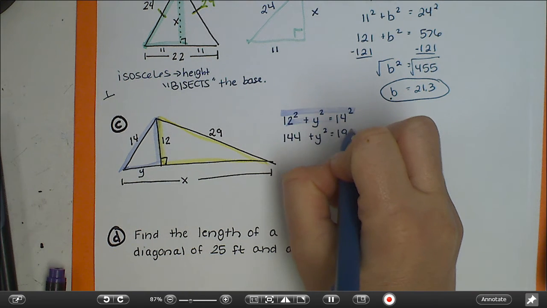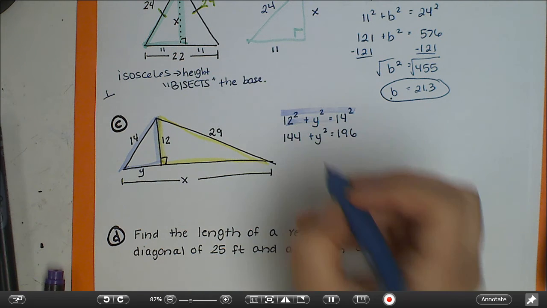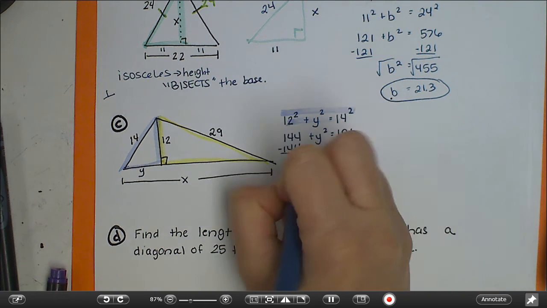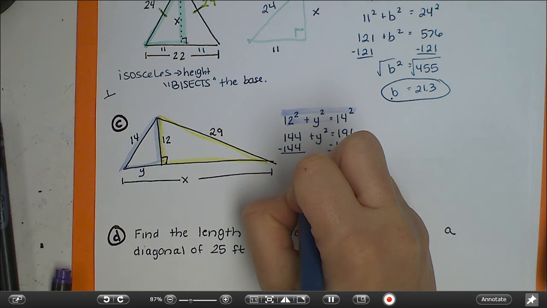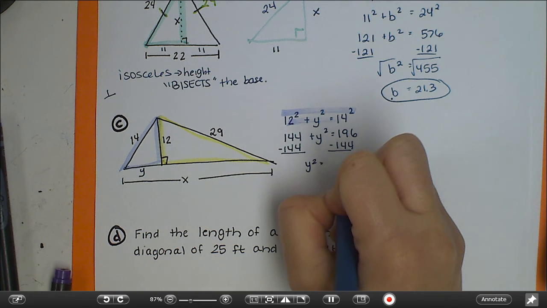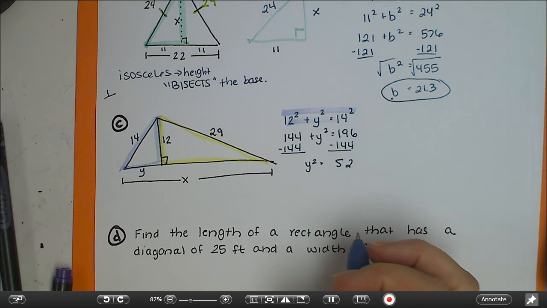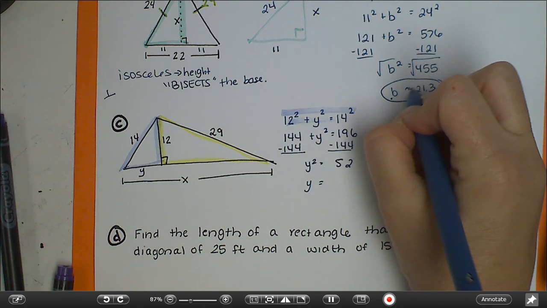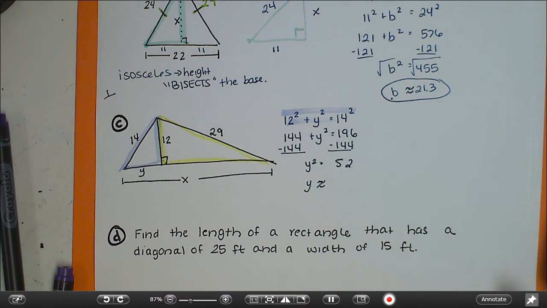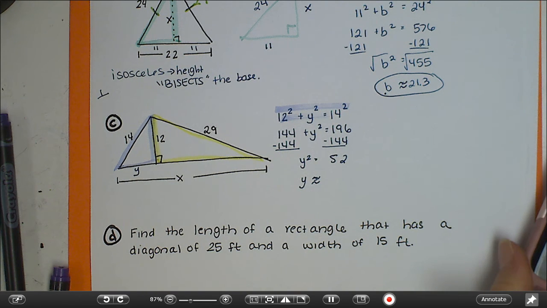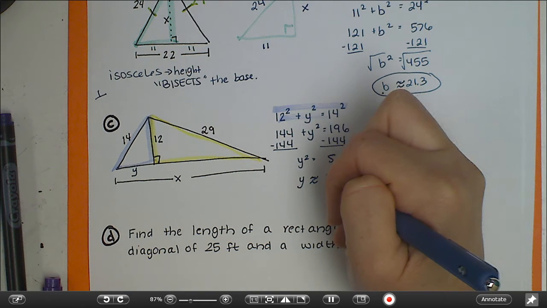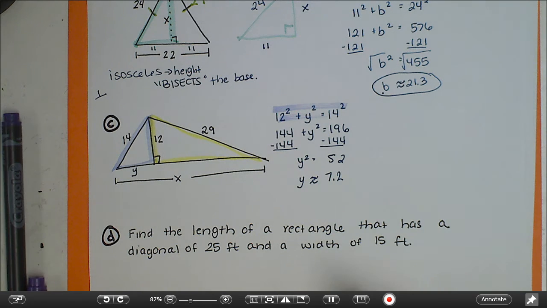And 14 squared is 196. So we're going to solve this. The square root of 52. And we're going to use, I forgot to do it here, but we'll use these little squiggly equal signs to mean approximately. So the square root of 52 is approximately 7.2.